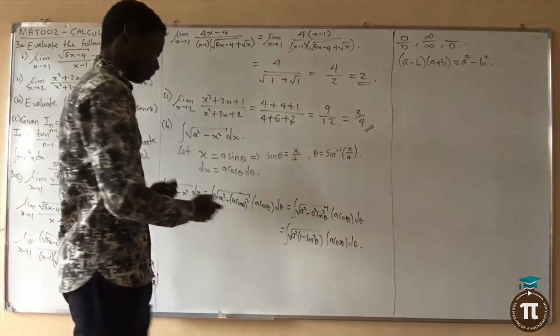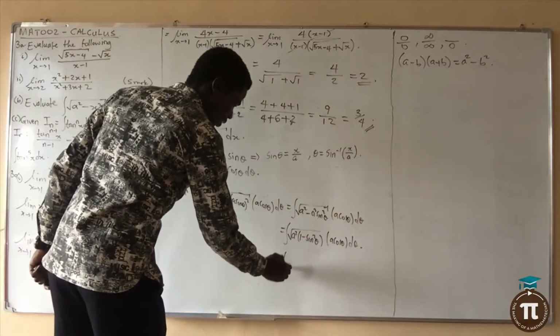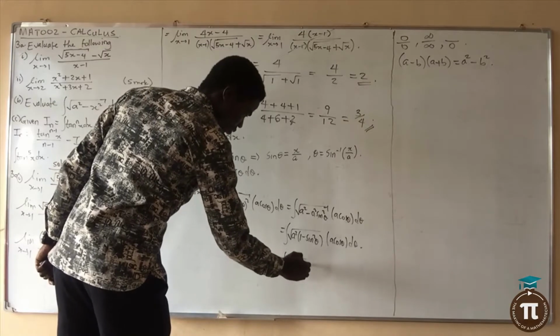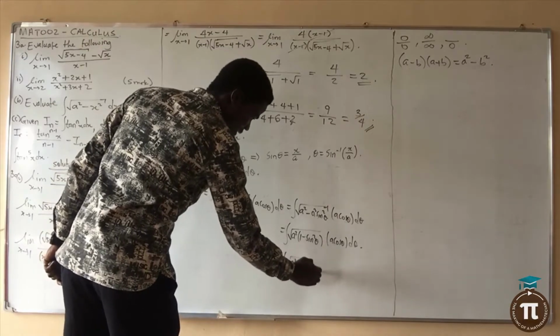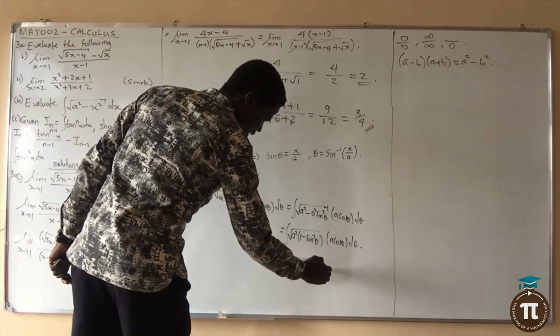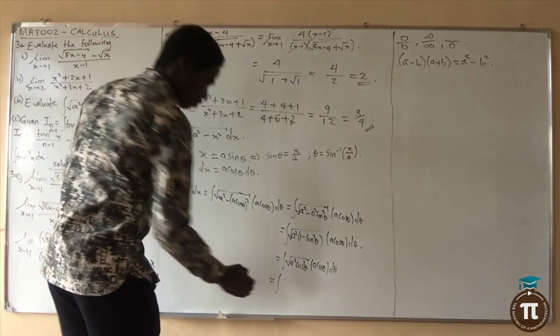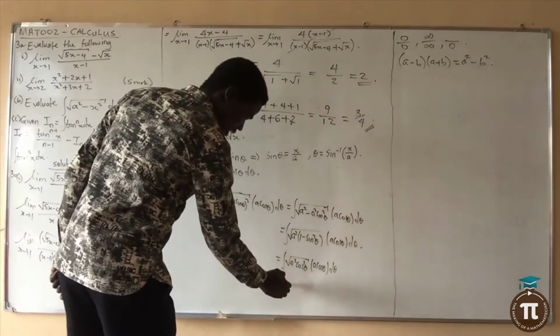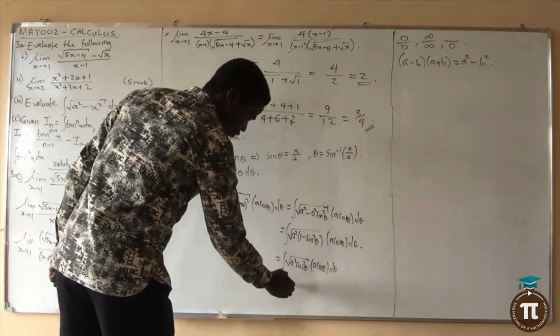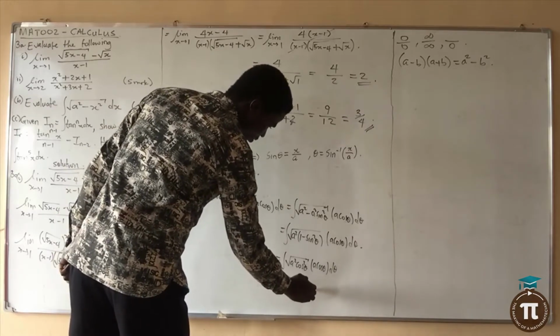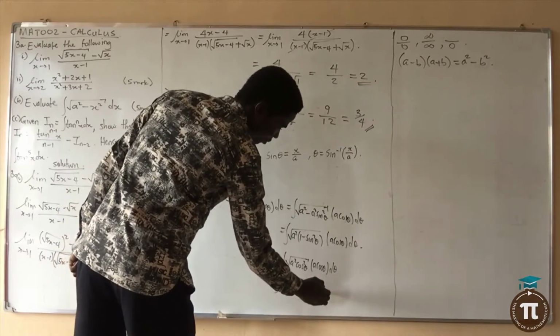So I have this is equal to the integral of square root of a squared cos squared theta, multiplying a cos theta d theta. So this will be equal to the integral, square root of a squared is a, obviously. Square root of cos squared theta is cos theta. Now it's multiplying a cos theta d theta.